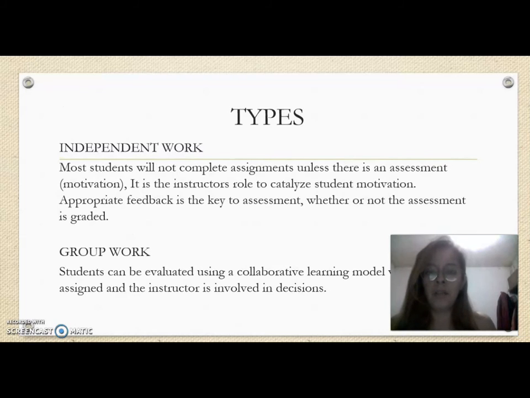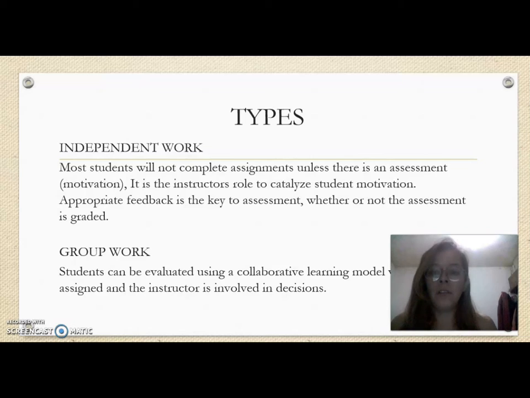The types, well, you can use e-assessment in independent work. It is because most of the students will not complete assignments unless there is an assessment. In this case, we are talking about motivation, because if your students are not motivated to do the task that you are asking for in any platform, your students will not complete it.